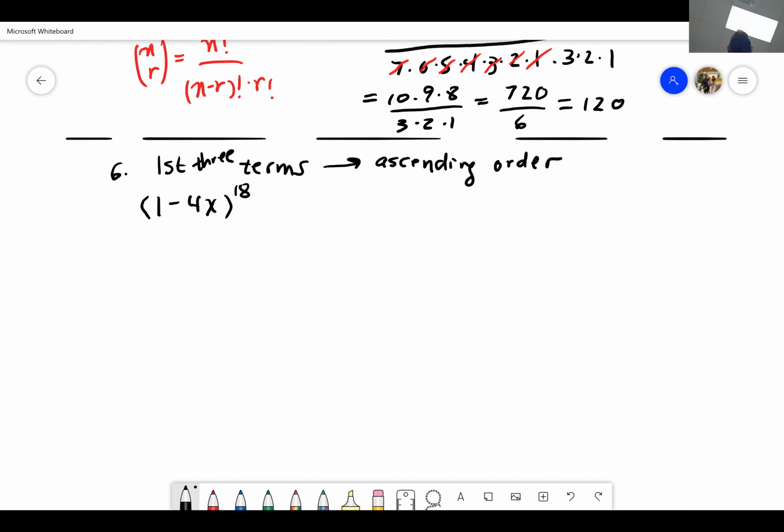All right, guys, let's do this problem. So we want the first 3 terms in ascending order.